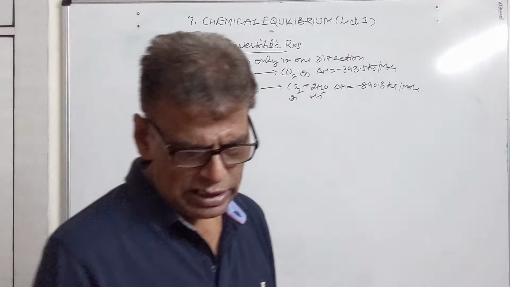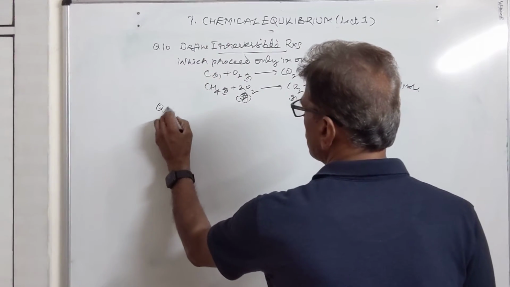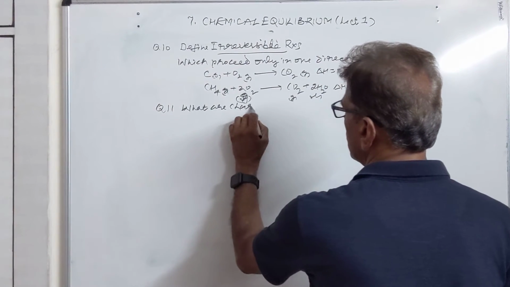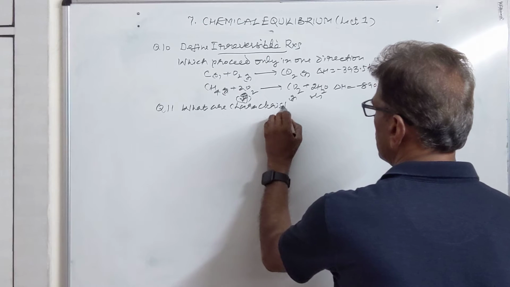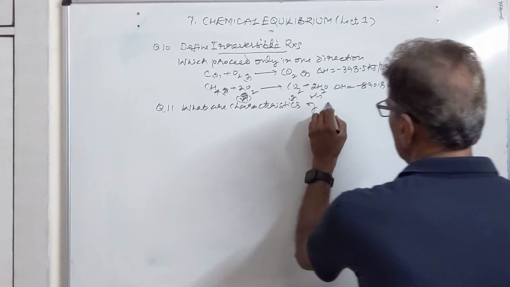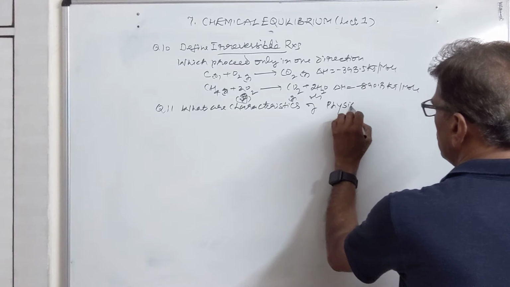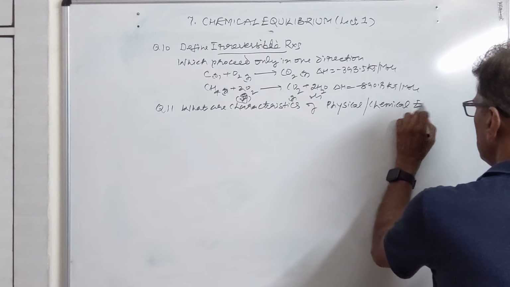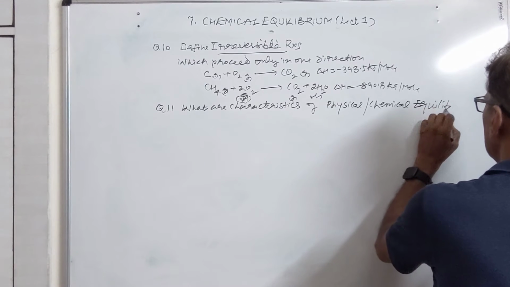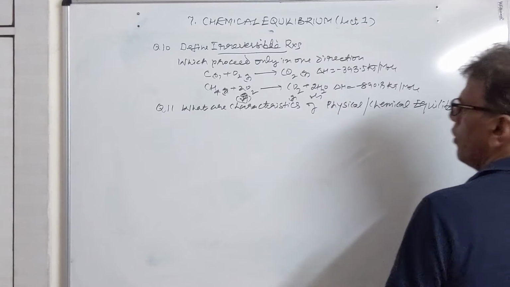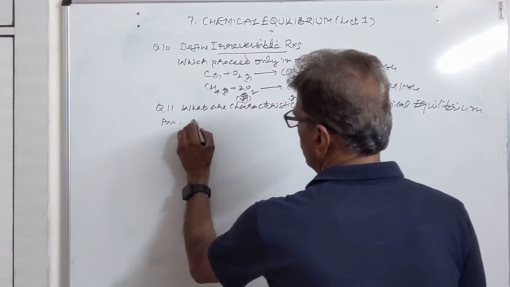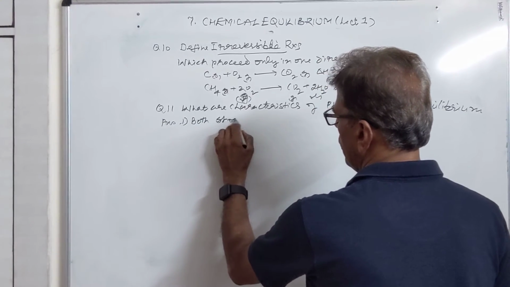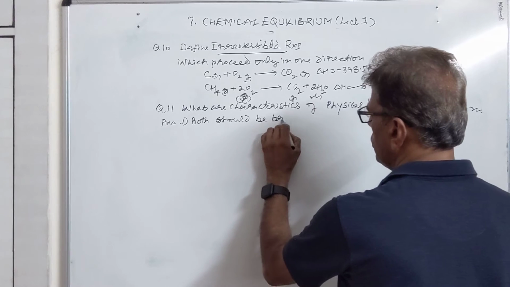Now, what are the characteristics of chemical equilibrium? Physical and chemical equilibrium. First of all, both should be brought in a closed system.